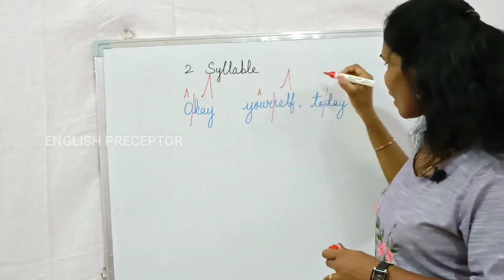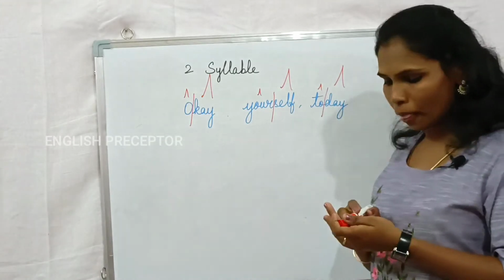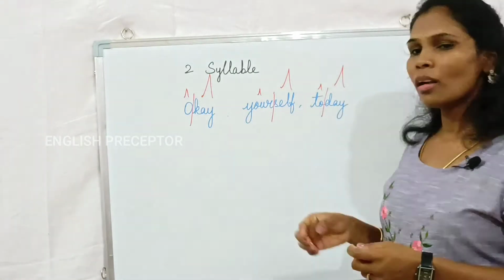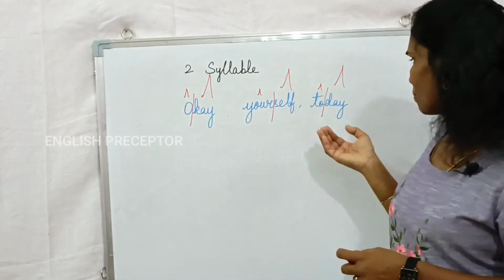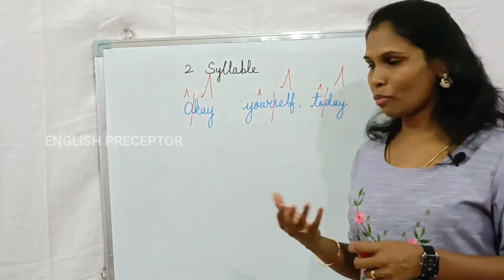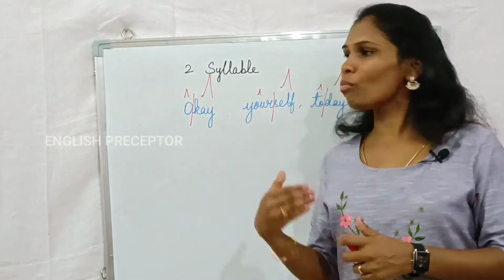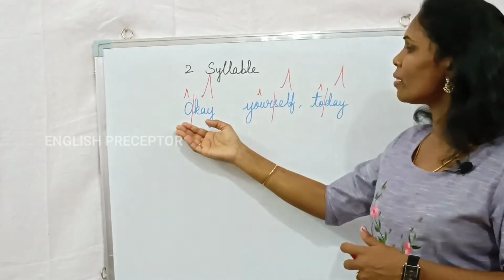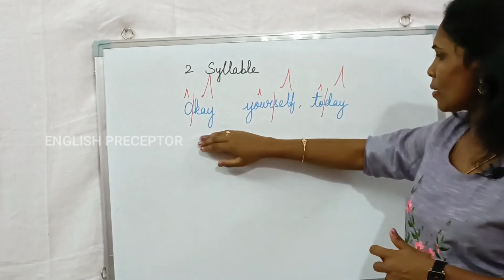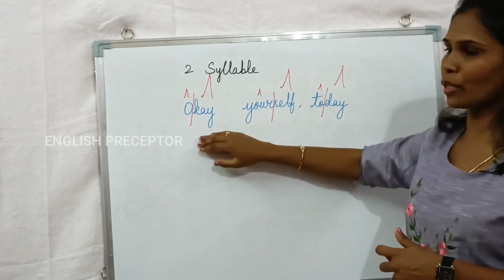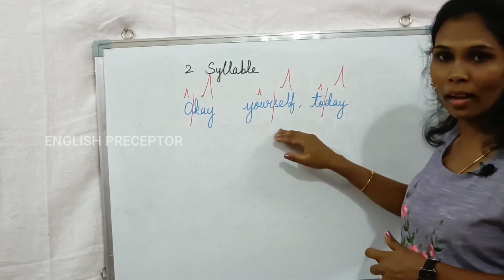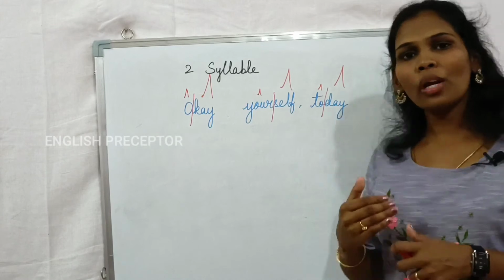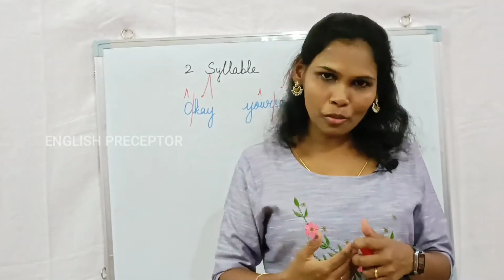Okay, yourself, today. Is it okay? Tell me about yourself. Today is my birthday, right? So we have to give low pitch, high pitch according to the word. The first part we have to give low pitch and the second part we can give high pitch. Okay, yourself, today.